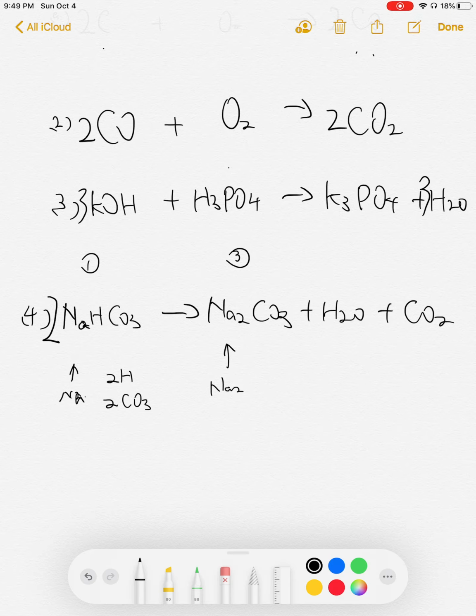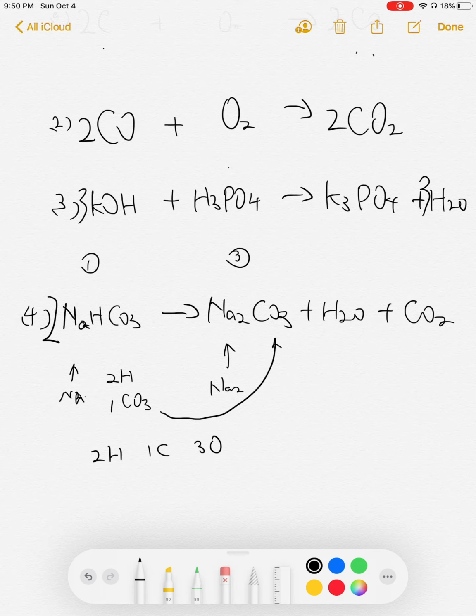But at the same time, you're only gonna give one CO3 to here. So that means you're gonna be left with one CO3, and coincidentally, now you have 2H and 1 carbon and 3 oxygen.